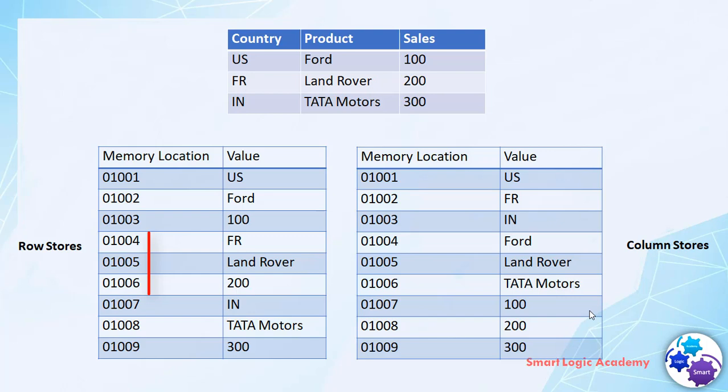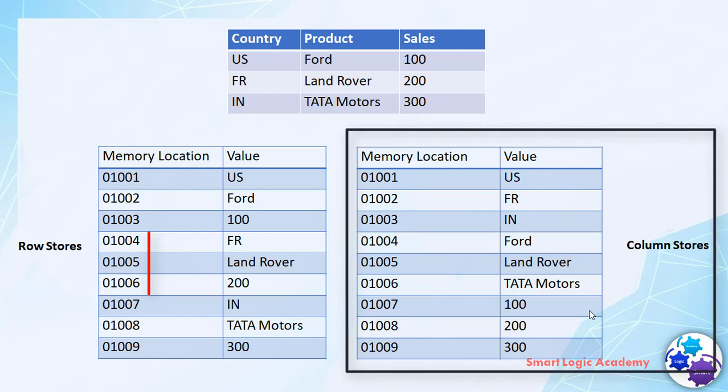Now let's see what will happen if we run the same query on column store. We want to fetch all the fields of a particular record. In that case, the DBMS, the database management system, will first go to memory location 01002 and fetch the value France from that location.